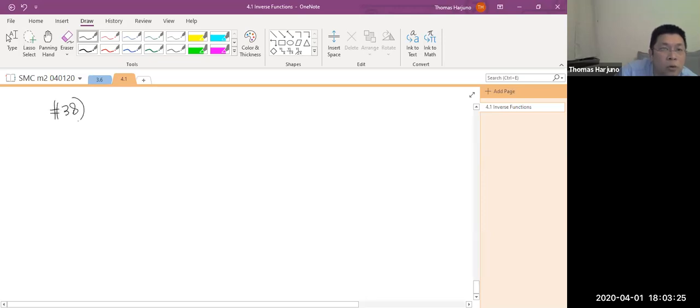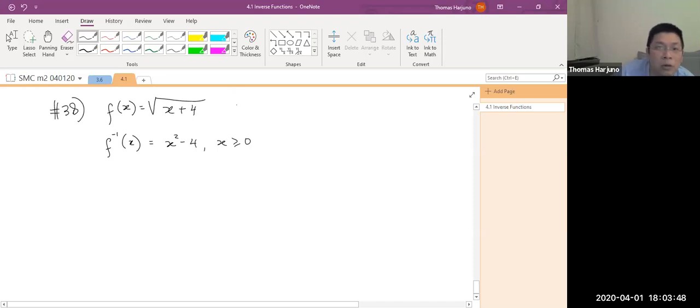We saw that y = f(x) = square root of (x + 4). Then we found that the inverse function was x squared minus 4, where x is at least 0. Right?